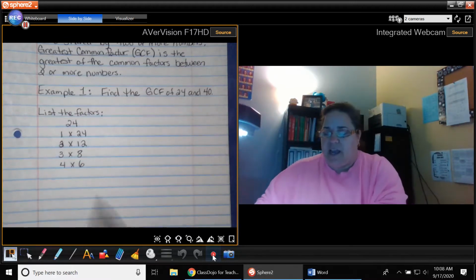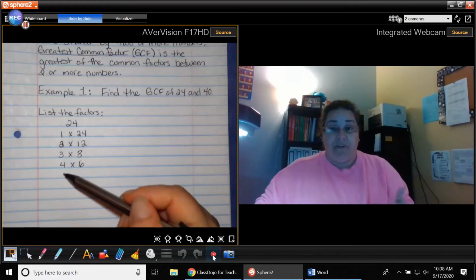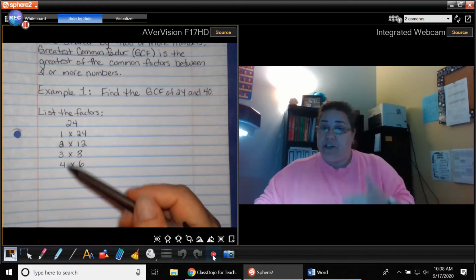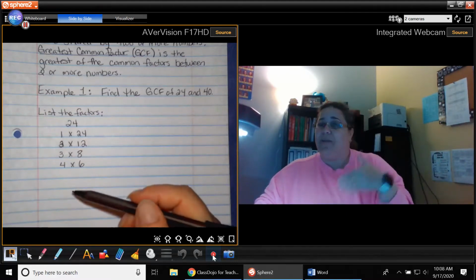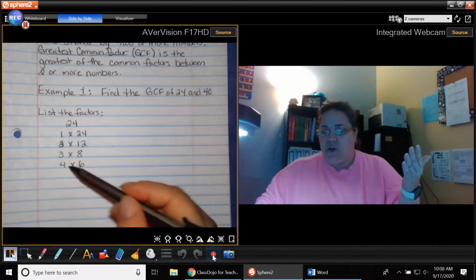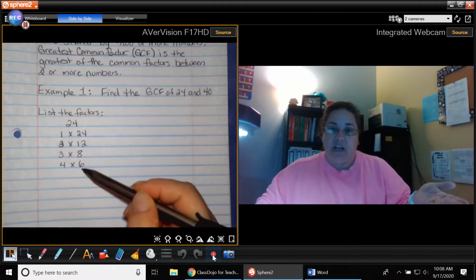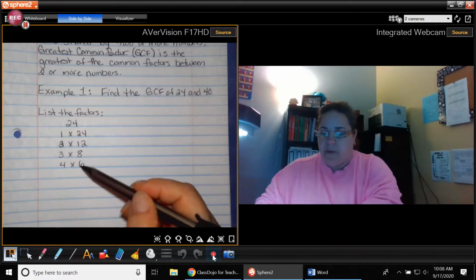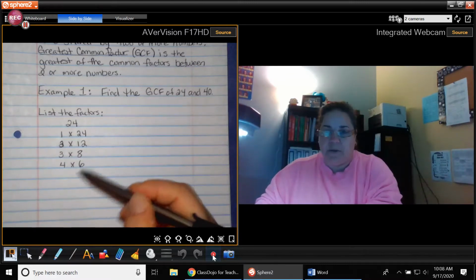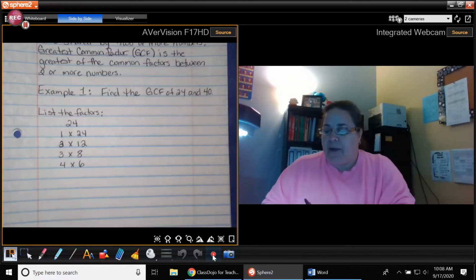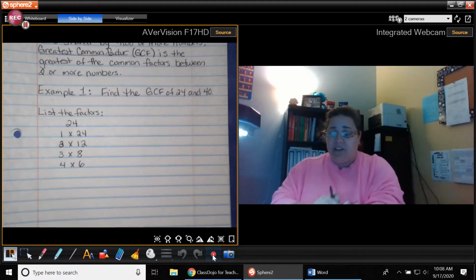Then next we would go to 5. 5 doesn't go into 24. It can go into 20, it can go into 25, but not 24. So then I look over here and I get to the 6 and I'm done. When my bottom number on this side is the next number, I'm done. So I've listed all my factors for 24.